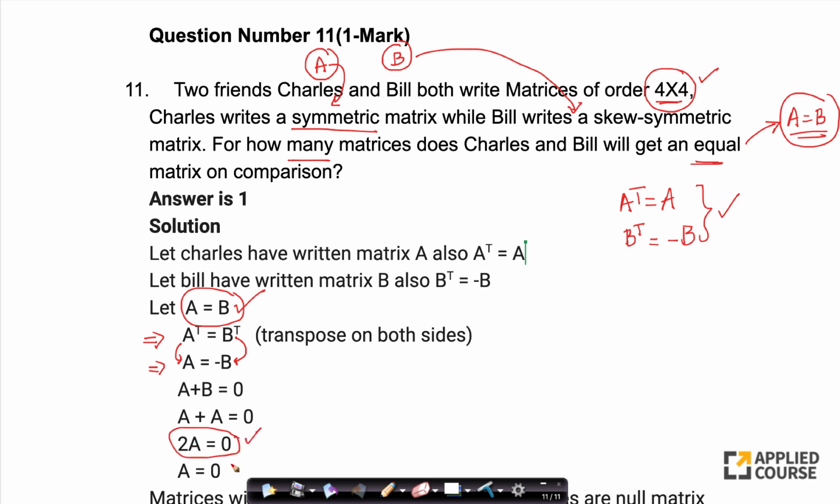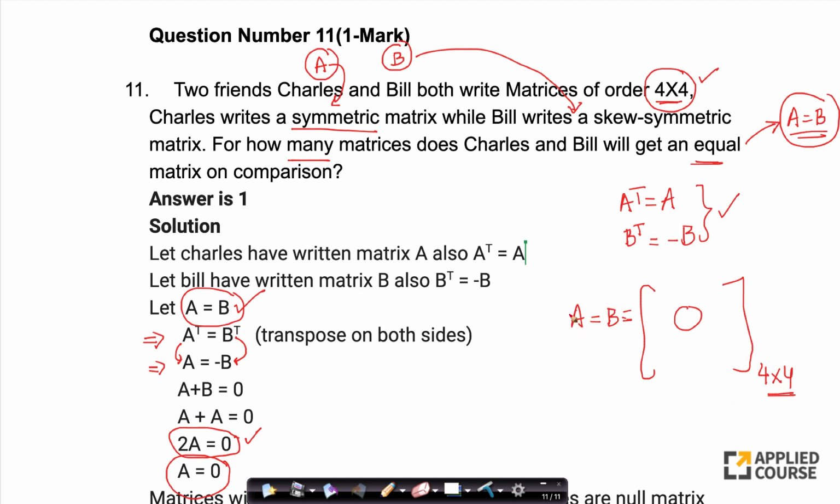When will 2A be equal to the matrix 0? Only when the A matrix equals 0. Right? So there is only one matrix where all the elements are 0. Again, I'm just writing 0 here to represent that this is a big 4 by 4 matrix where all the elements are 0.